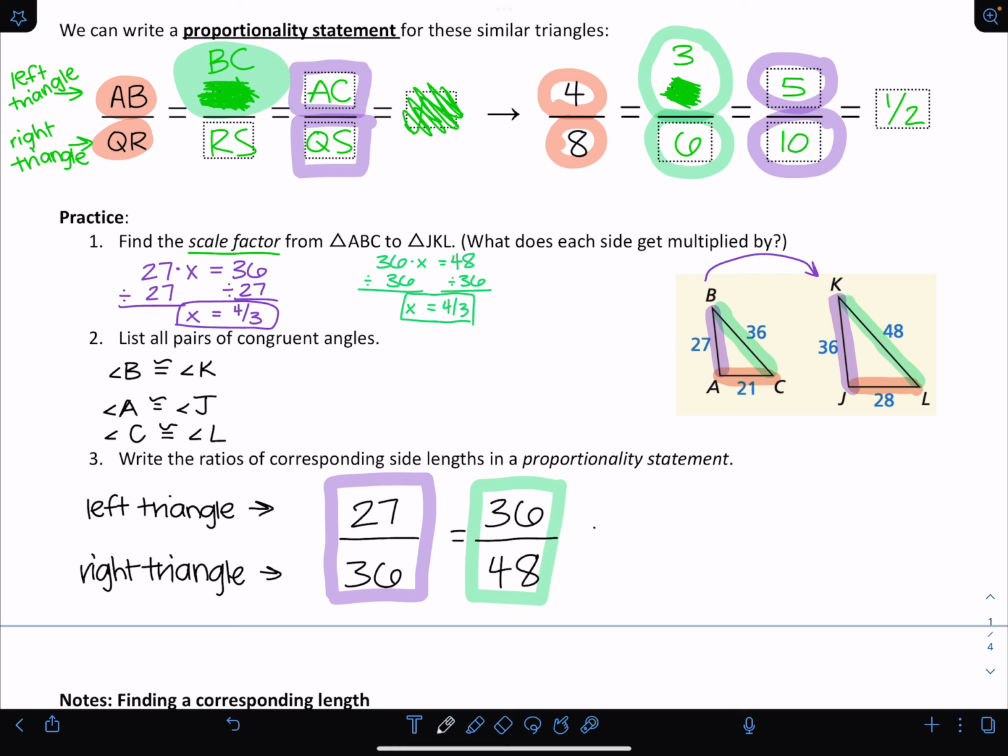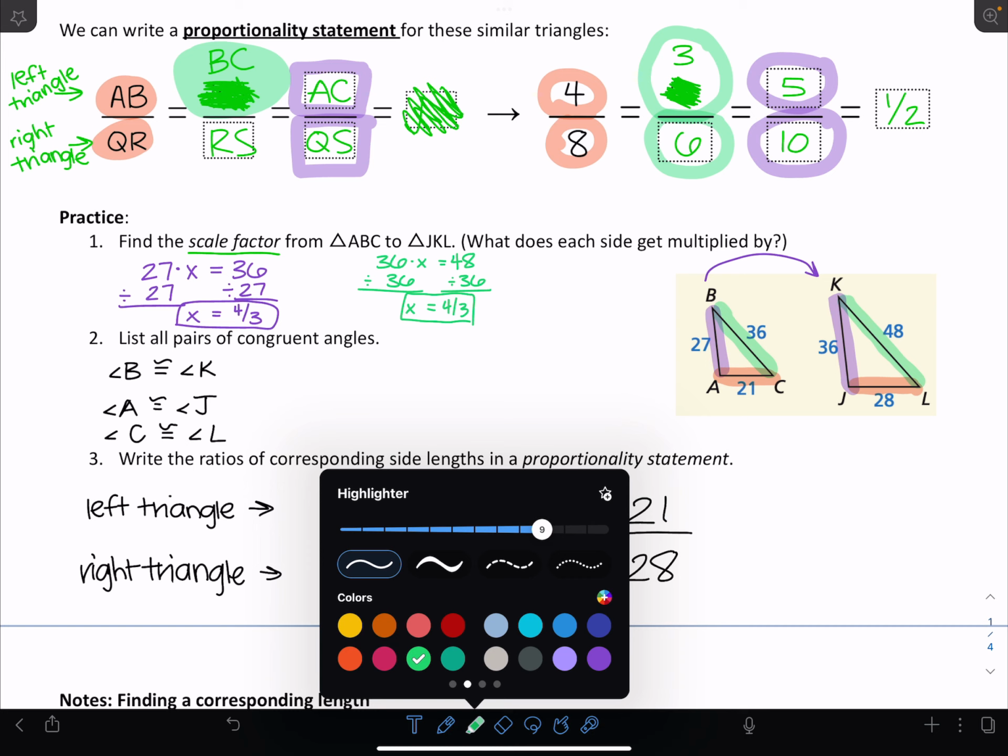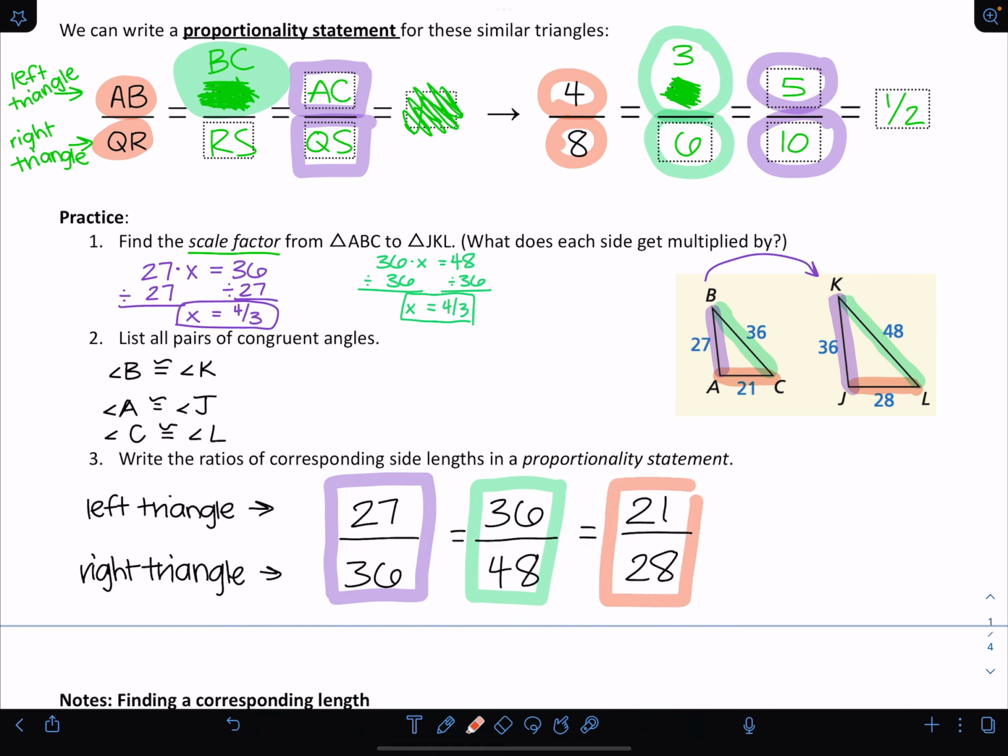And then our last one, 21 on the left triangle over 28 on the right triangle. Hopefully the colors make a little bit more sense where those numbers came from.